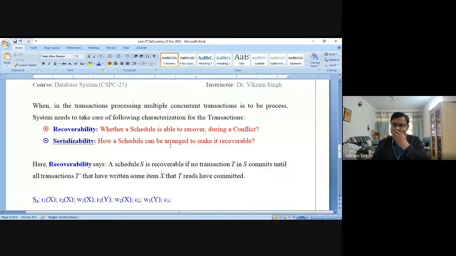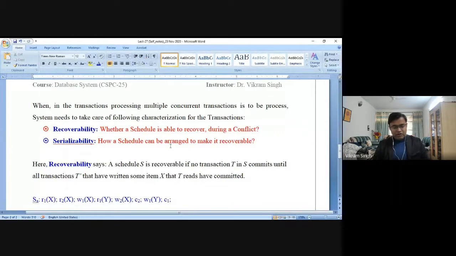So that's why it is important to characterize a transaction, or a schedule, based on these two characteristics. Recoverability is a simple property, and it is also evident from its name. How can you recover that schedule? Does that schedule have the ability to be recovered?